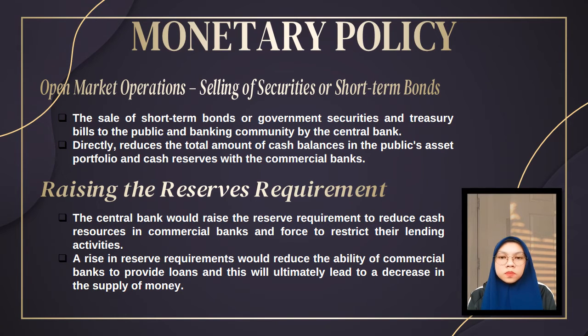The sale of short-term bonds, government securities or treasury bills to the public and banking community by the central bank directly reduces the total amount of cash balances in the public's asset portfolio and cash reserves with the commercial banks.